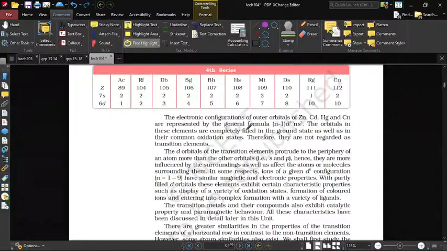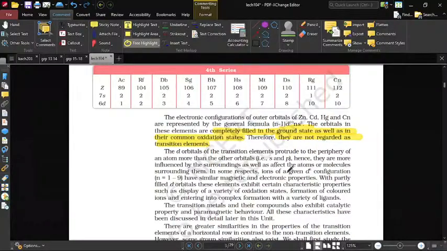The orbitals in these elements are completely filled in ground state as well as in their common oxidation states. Therefore, they are not regarded as transition elements. The d orbitals of transition elements protrude to the periphery of an atom more than the other orbitals, that is s and p. Hence, they are more influenced by the surroundings as well as the effect of atoms or molecules surrounding them.